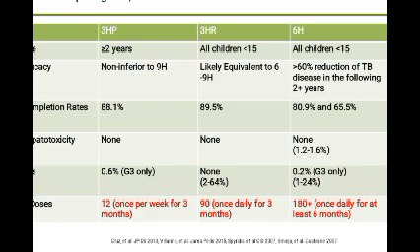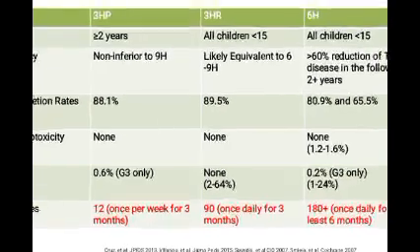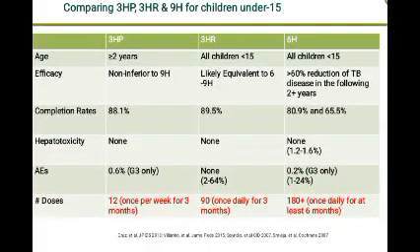Efficacy. Under 3-HP, non-inferior to 9H. Under 3HR, likely equivalent to 6 to 9H. Under 6H, greater than 60% reduction of TB disease in the following 2 plus years.